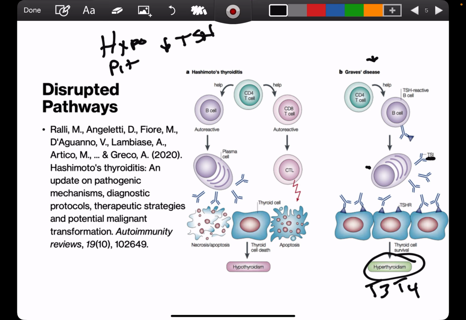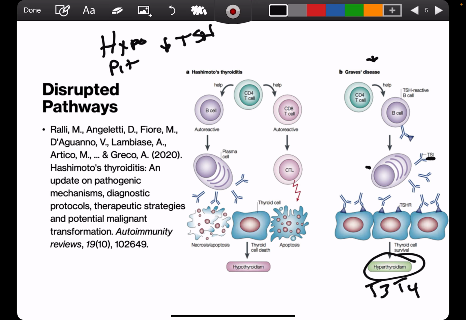Whereas in Hashimoto's thyroiditis, the hypothalamus and pituitary are operating as normal, but they're sensing low T3 and T4. So in this case, you may see an increase of TSH, or you'll just see normal, and that information comes from Riley et al.